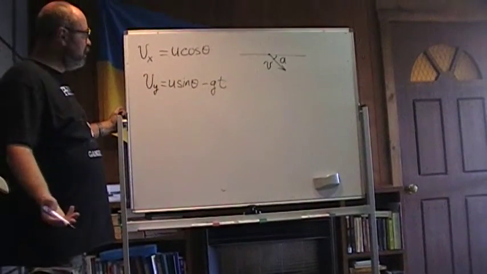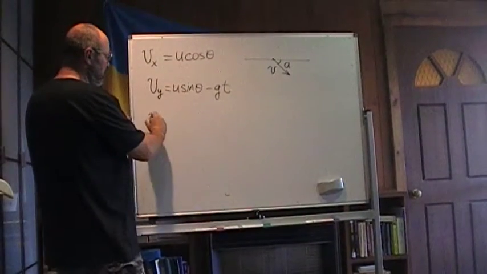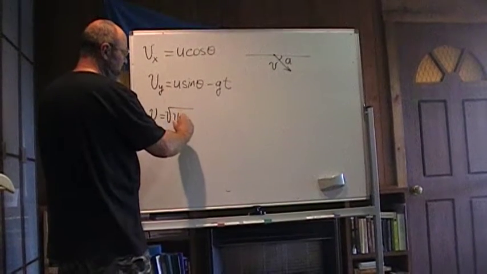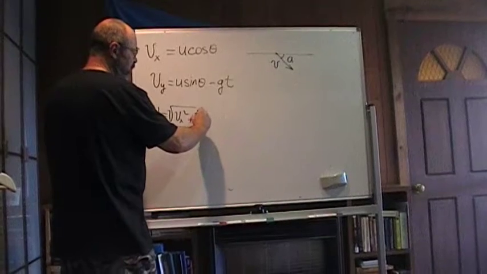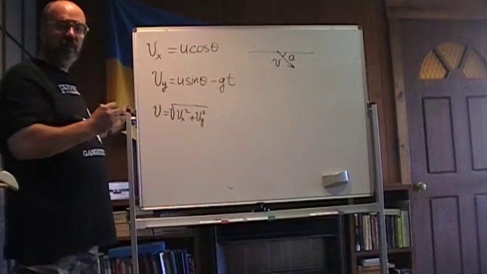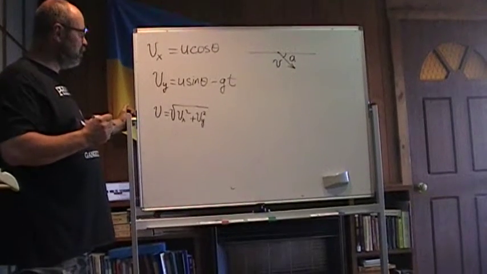So to do that, we can use Pythagoras. V will be equal to the square root of Vx squared plus Vy squared. That will be the speed with which the object will hit the ground.